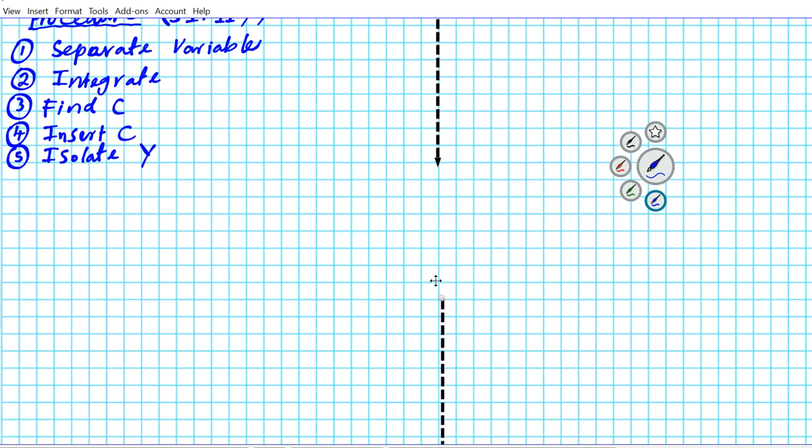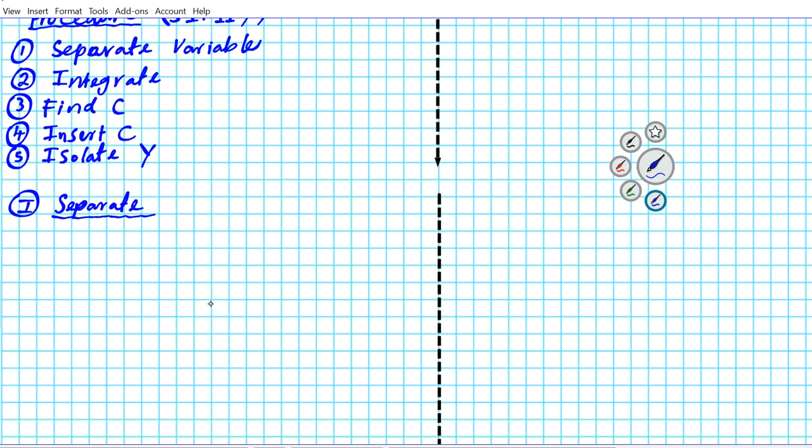All right, let's go ahead and get started with the process of solving this differential equation using the method of separation of variables. So starting with part 1, we're going to separate the variables. All right, so what are we separating?